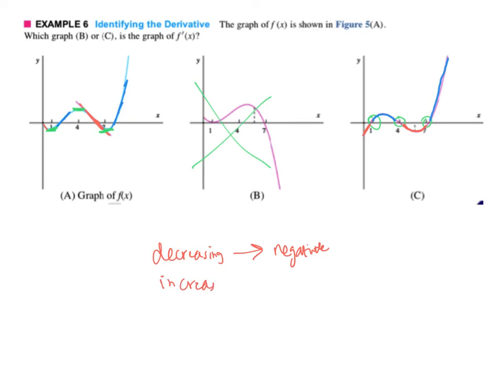Increasing, I'll put this in more formal words soon, increasing goes to a positive derivative. Turning points or max mins goes to a 0 derivative.